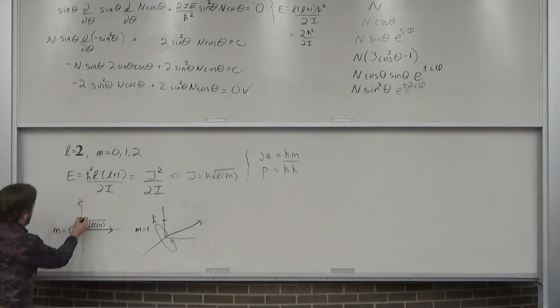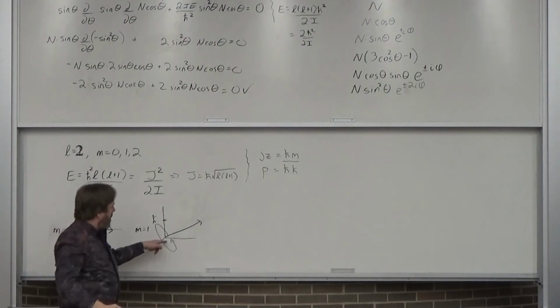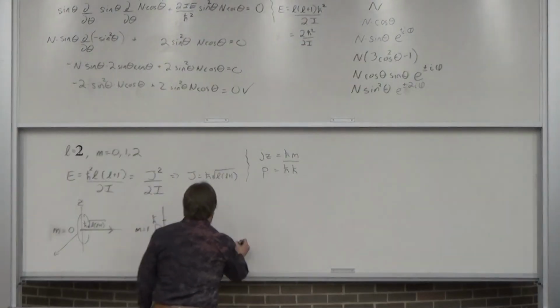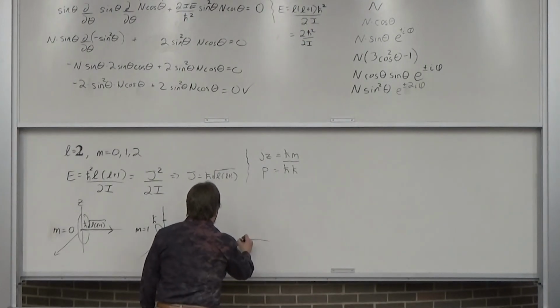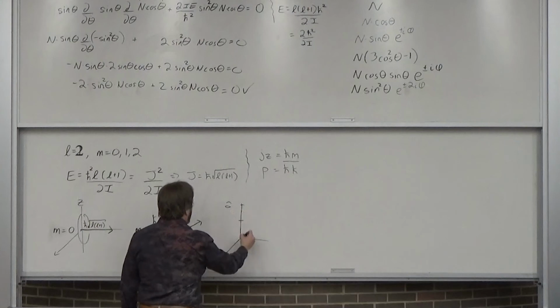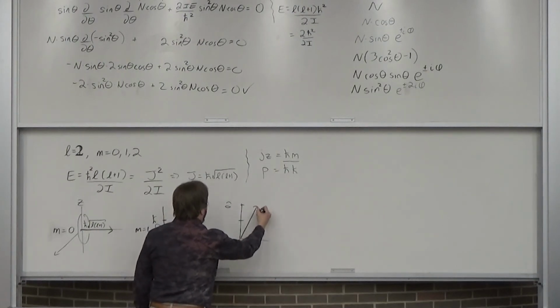Here, the rotational motion was purely in the plane, just like I did before, but now it's building up a tilt. And when you get to the m of 2, so there's 1, there's 2, then it's like this.